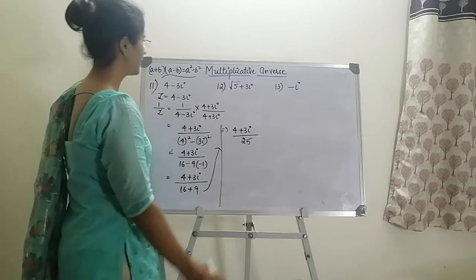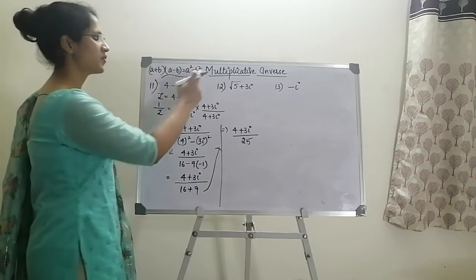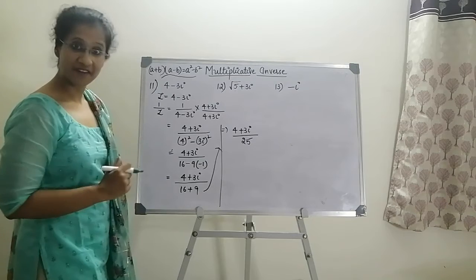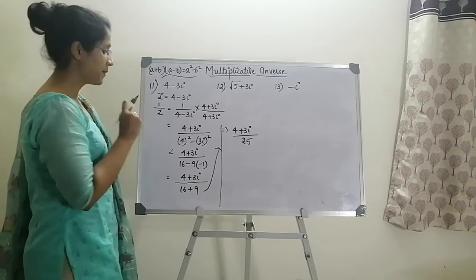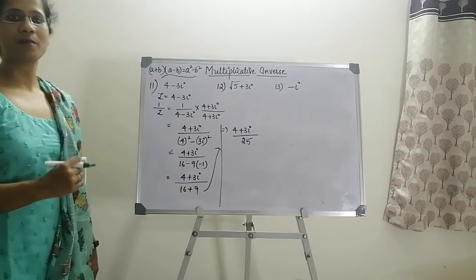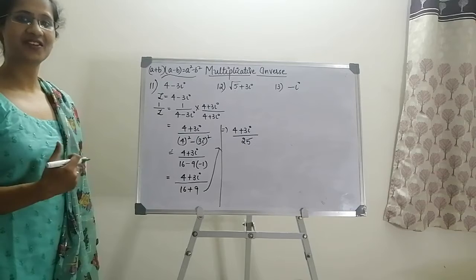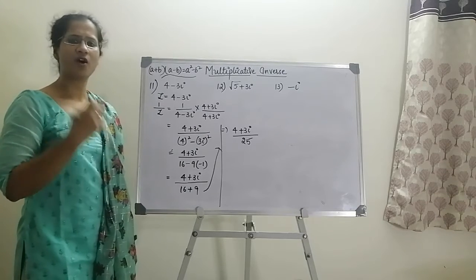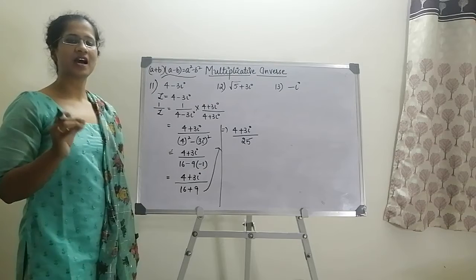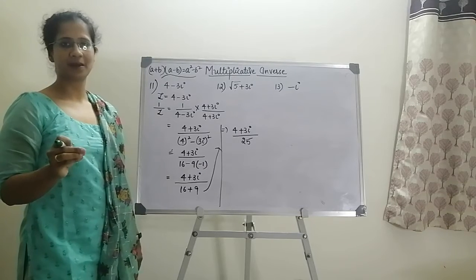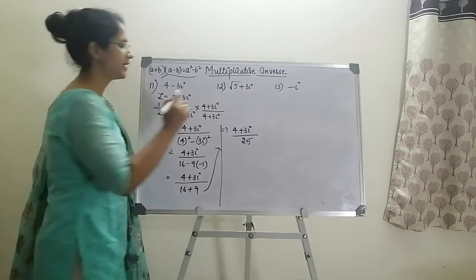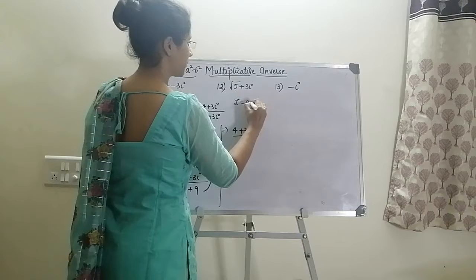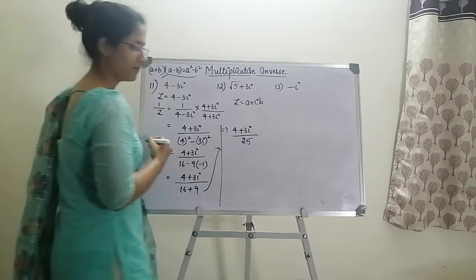Now, what are they asking you? Find out the multiplicative inverse. That we have already done. But whatever complex number I get, is it written in the form of a plus ib? Please bear in mind, all my dear learners, whatever answer you get in complex number should mandatorily be written in the form of z is equal to a plus ib.